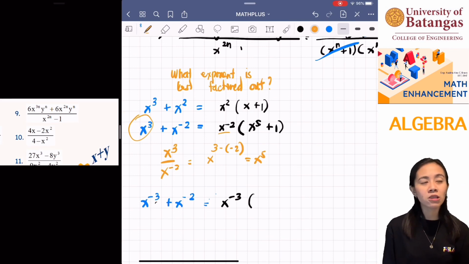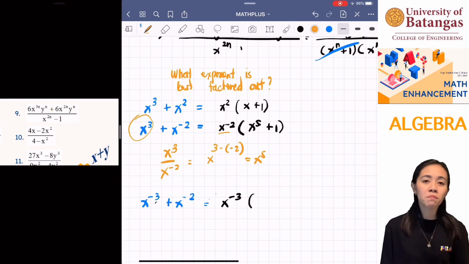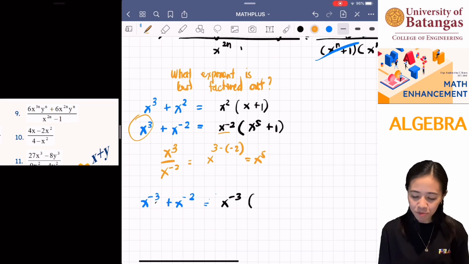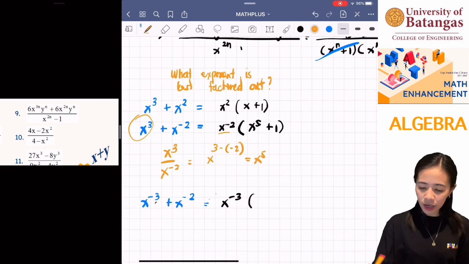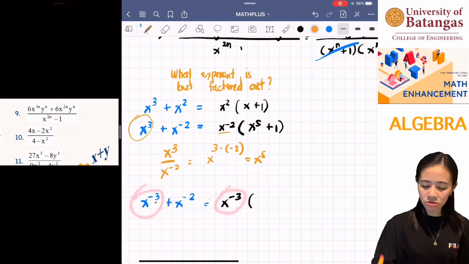Ang idea kasi dito is, when you factor out, always choose a term that will make the remaining terms be positive in their exponents, or as much as possible, whole number sila. Kasi minsan meron tayong mga terms na fractions yung exponent nila, di ba? Okay. So in this case, ang mangyayari dyan is you have x raised to negative 3 divided by x raised to negative 3.